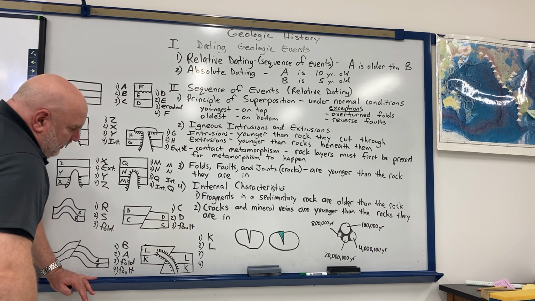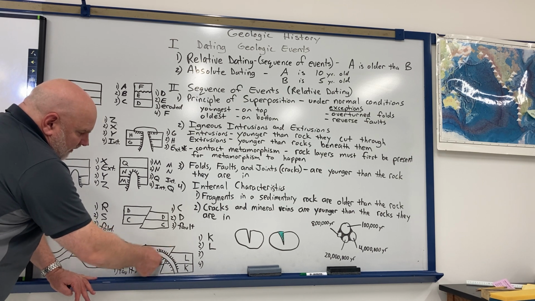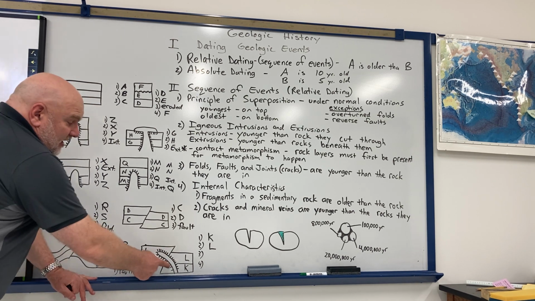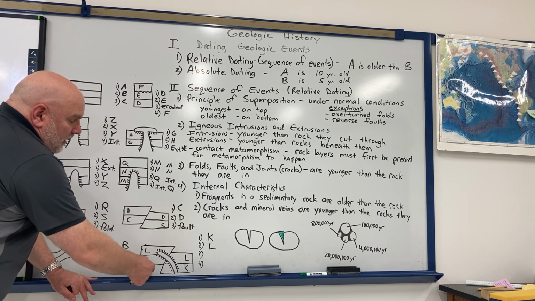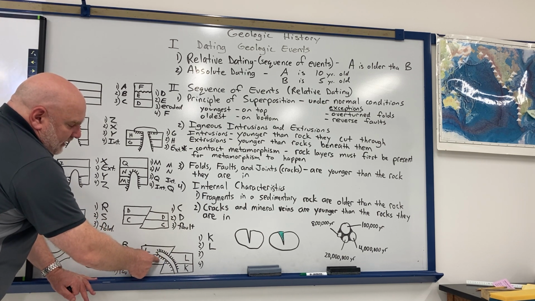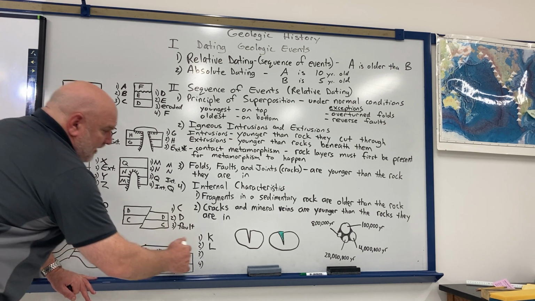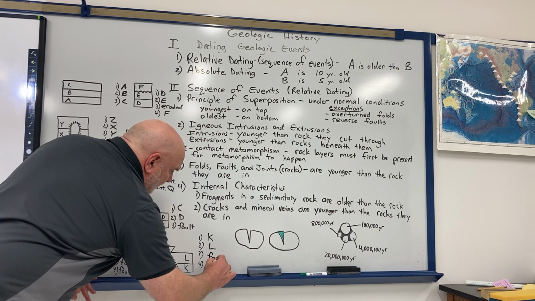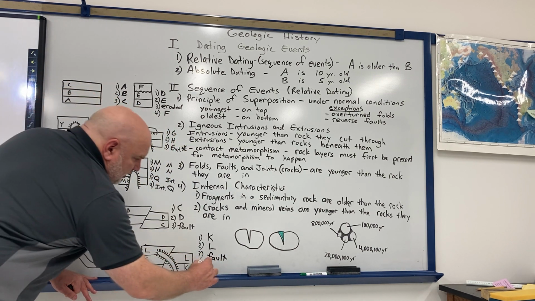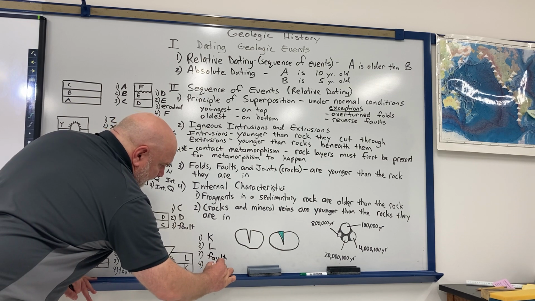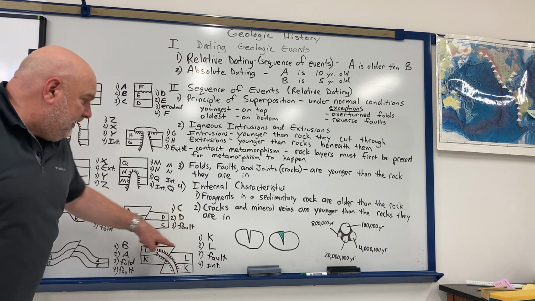What I do know is that the intrusion has to be younger than the fault, and the reason is that if the intrusion happened before the fault, the fault would have cut that intrusion like it has the other layers. So K formed, L formed, then they faulted, and then the intrusion was the last thing that happened there. That would be the sequence of events for that one.